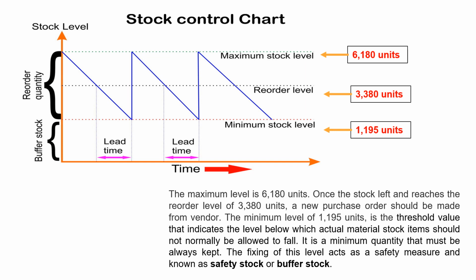Overstocking is not favorable, because it will lead to higher costs and more wastage, as the material might become defective because it is not being used. Then when the production runs, the amount of material will fall, and when it falls to this level, 3,380, the management should be ready to make the new purchase order from the supplier, because this is the reorder level set by the company.